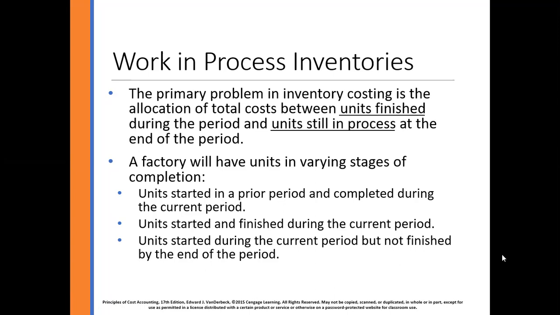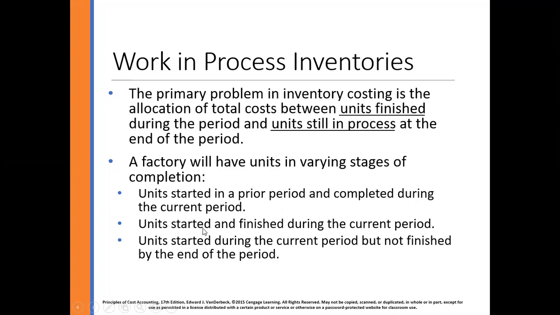But that's really the primary issue with the process cost accounting system: the allocation of the total cost between units finished during the period and units still in process at the end of the period. If you think about it, we'll have units that are in different stages of the completion process. For example, units that we started in a prior period, say August, and we're completing during the current period, September.